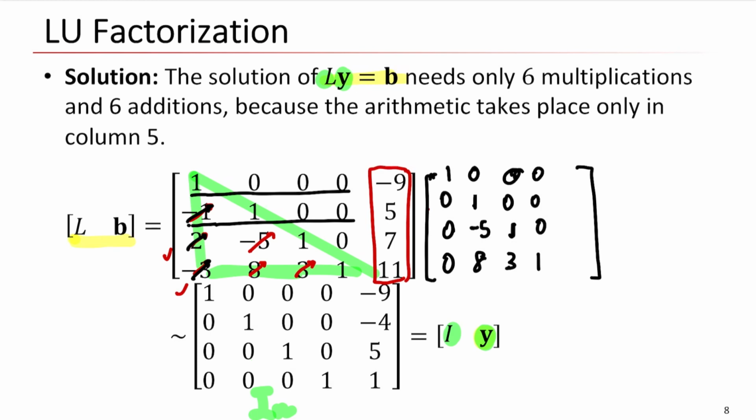So negative 9 here. Then what is that? 5 plus negative 9, right? This one term 7.